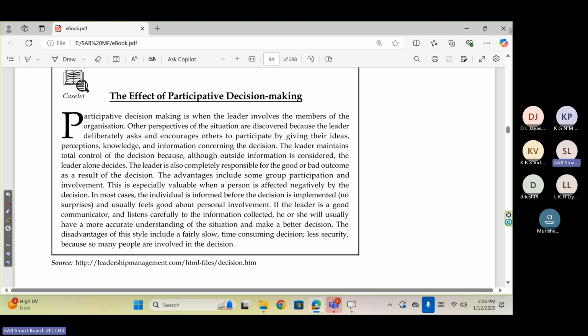If the leader is a good communicator and listens carefully to the information collected, he or she will usually have a more accurate understanding of the situation to make a better decision. The disadvantages are that it is very time consuming and fairly slow. Less security: sometimes information may be known by others in addition to the data. That's the effect of participatory decisions.